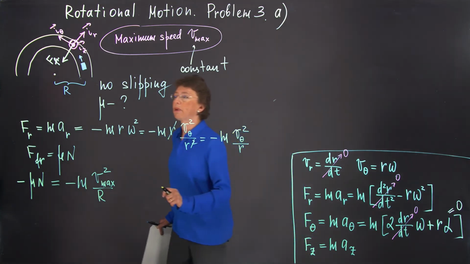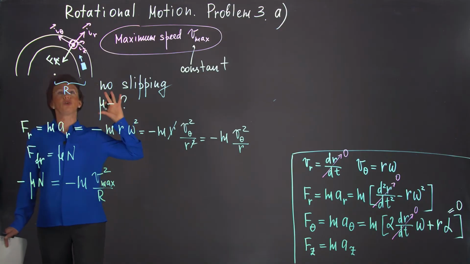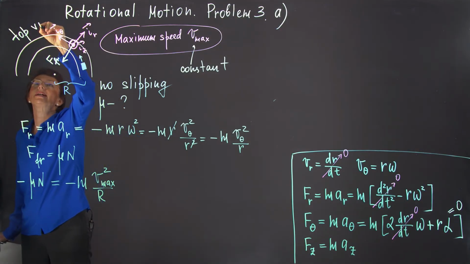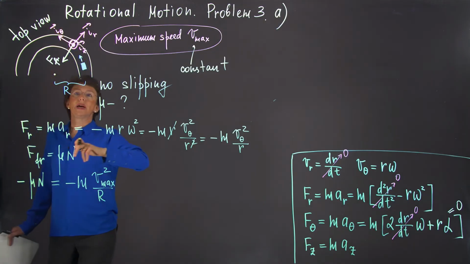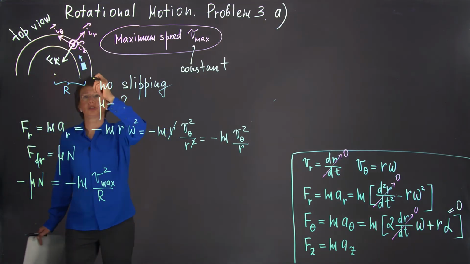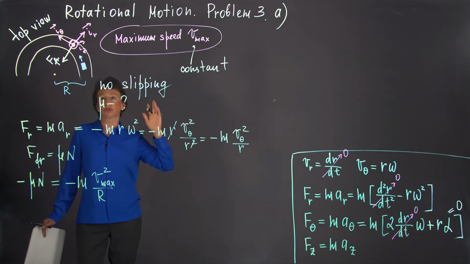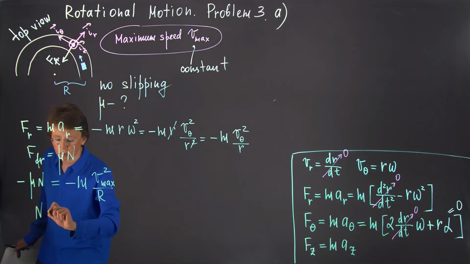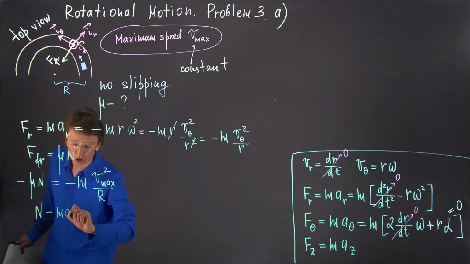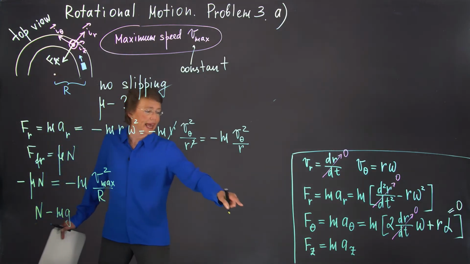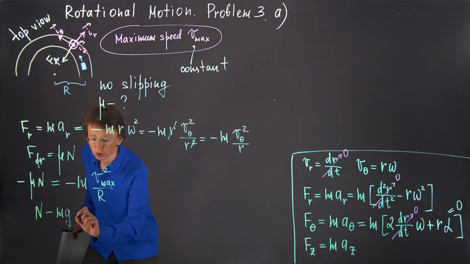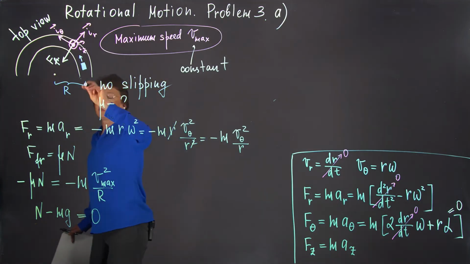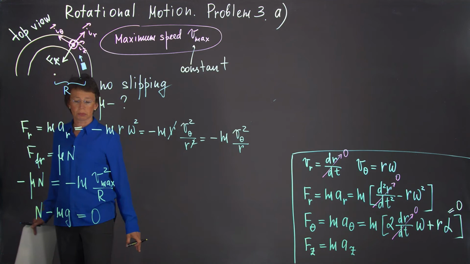Fz is m az. This is a view from above, a top view. We understand that gravity is into the board, the normal force is out of the board, and positive z is out, so I write normal force minus mg. This is my Fz, the net z component of the force. And this is equal to 0 because there is no acceleration in the direction perpendicular to the plane of the board.